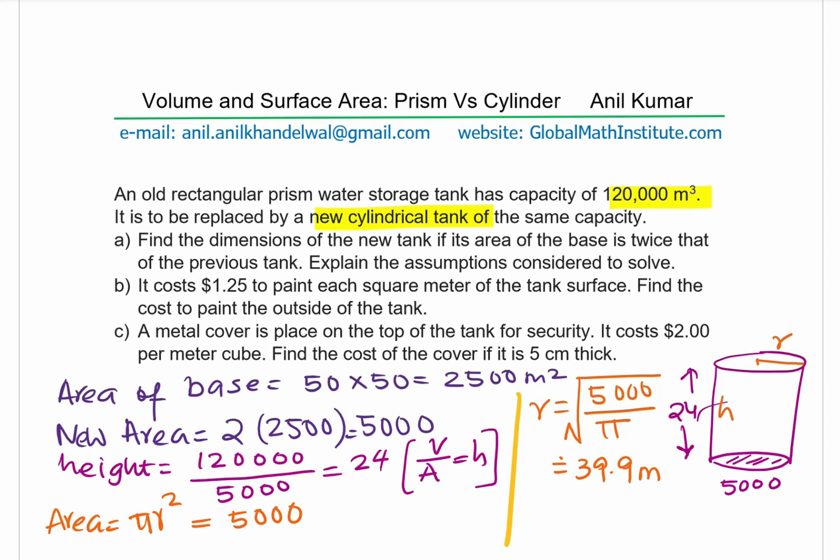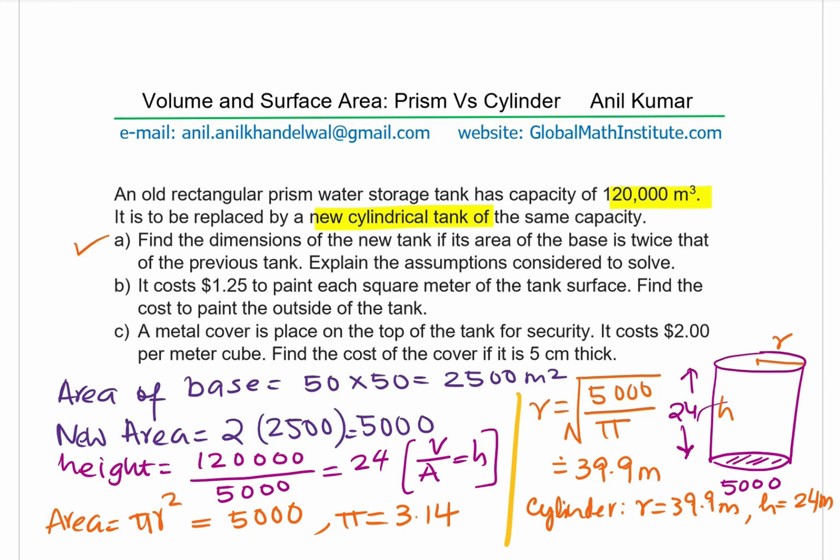We are taking the value of pi as 3.14 in our calculations. So we got the answer for the first question now, and the answer is that the cylinder has radius of 39.9 meters and height of 24 meters.